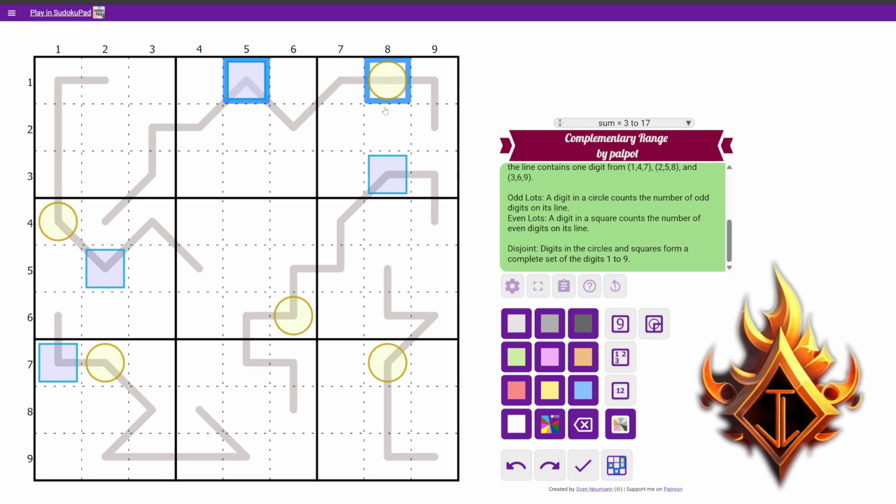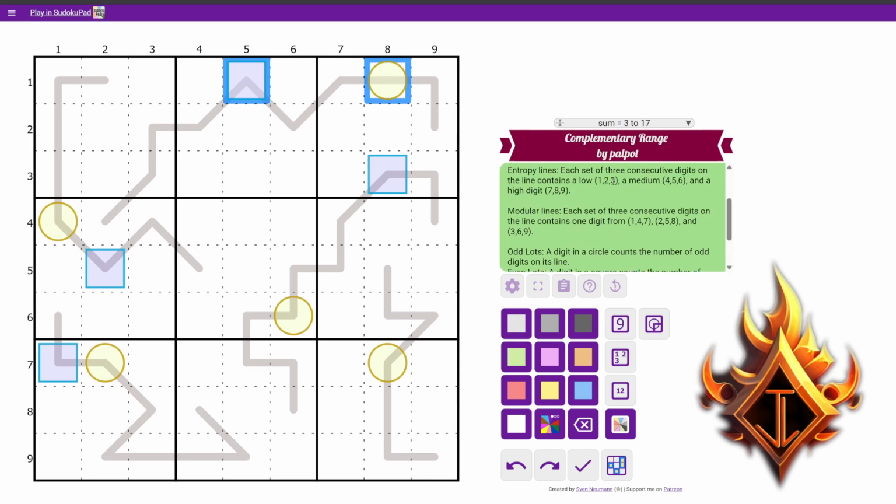So these 2 digits are adding up to 10, and they are the same set. So it can be 4, 6 if it is an entropy line. And it can be 2, 8 if it is a modular line.